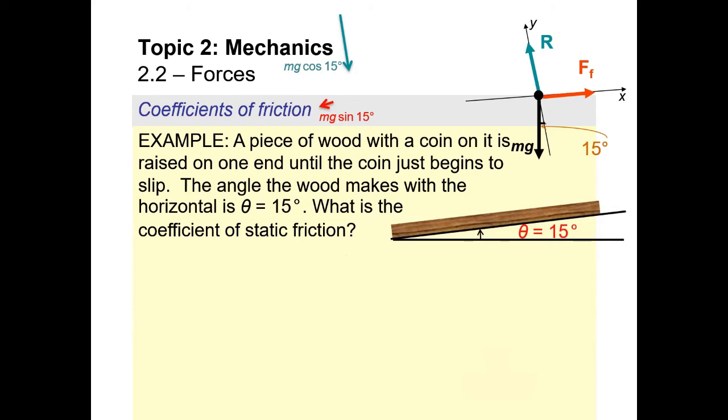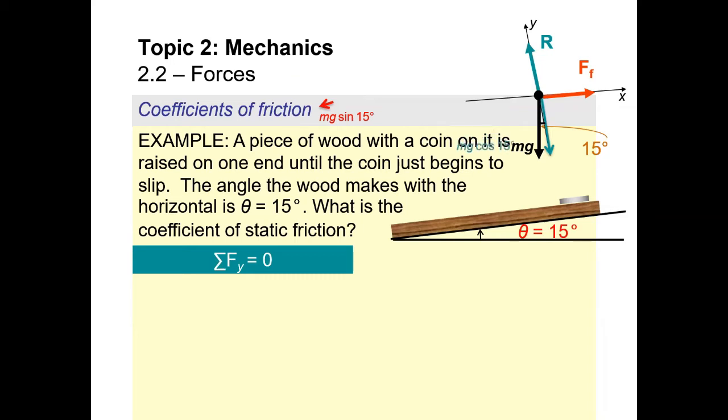We have our free body diagram at the top. As the object is in equilibrium, the resultant force in the y component equals 0. Weight has x and y components, and the y component is adjacent, which is mg cos 15 degrees. So R minus mg cos 15 degrees equals 0.